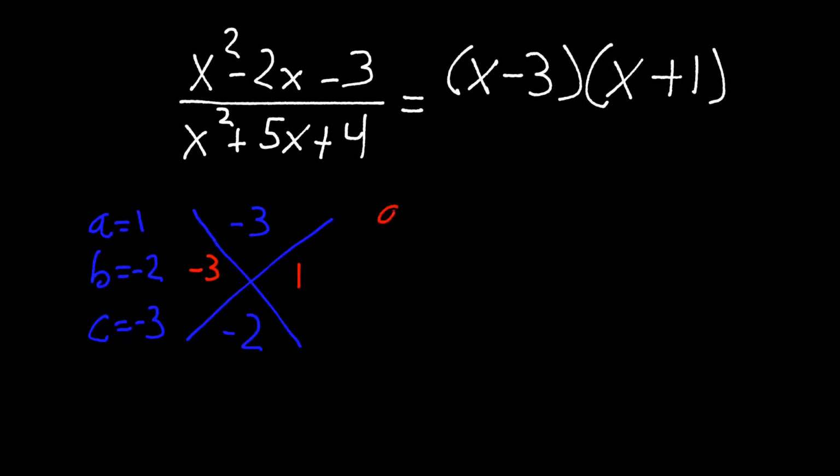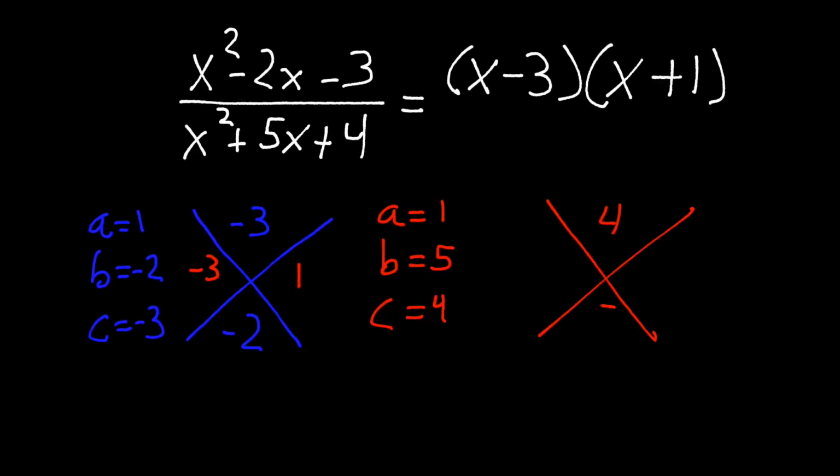So for the bottom, A is 1, B is 5, C is 4. Okay, A times C up top, that's 4. B below is 5. And I need two numbers that multiply to 4 but add to 5. Well, that would be 1 and 4.